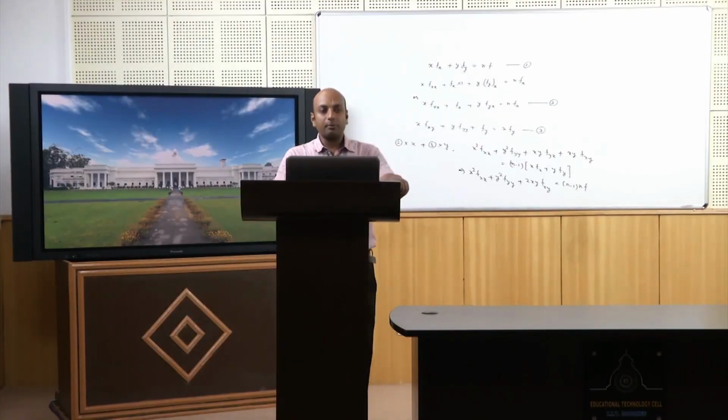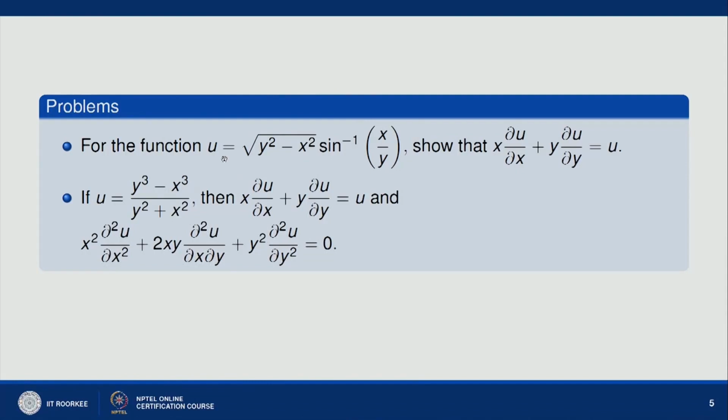Now, we have the first problem. First problem is u equal to under root y square minus x square times sin inverse x by y. Now, sin inverse x by y is a homogeneous function of degree 0, and here it is also a homogeneous function of degree 1, because when you replace x by alpha x and y by alpha y, alpha square will come out from inside the bracket, and under root, alpha will come out.